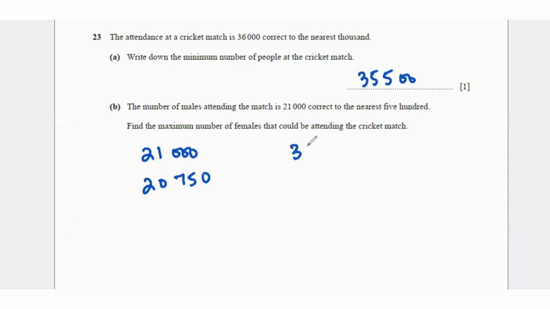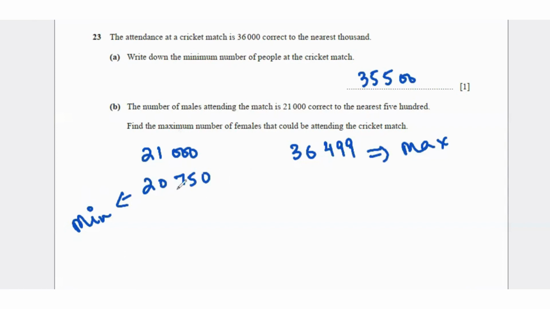So that would be 36,499. This is your max value for this. And this is your minimum value for this, in order for us to get the maximum number of females.